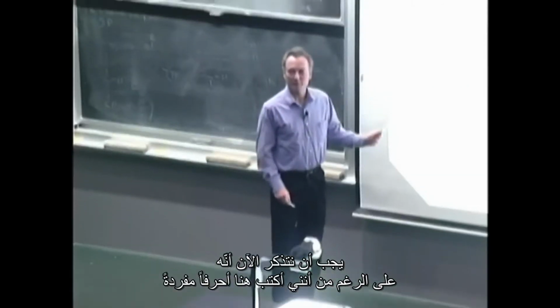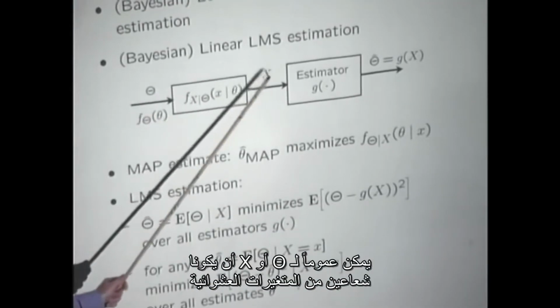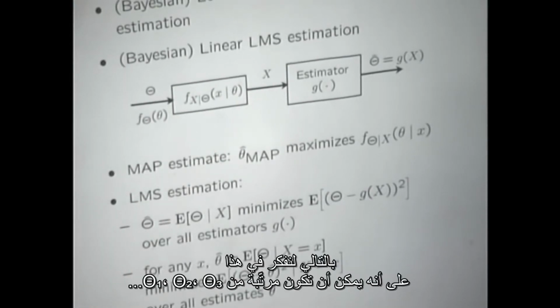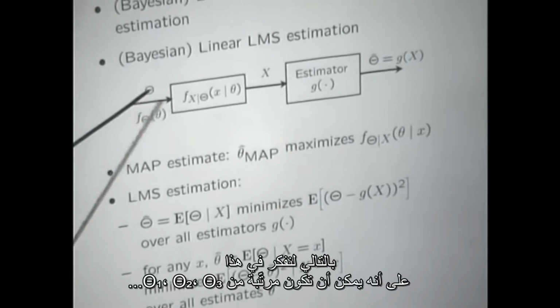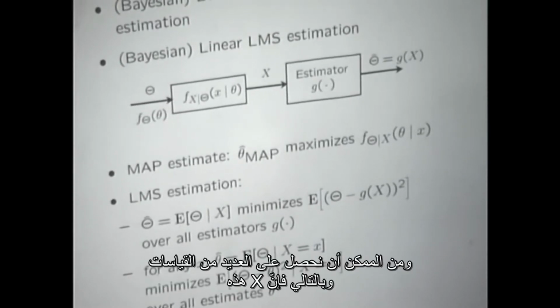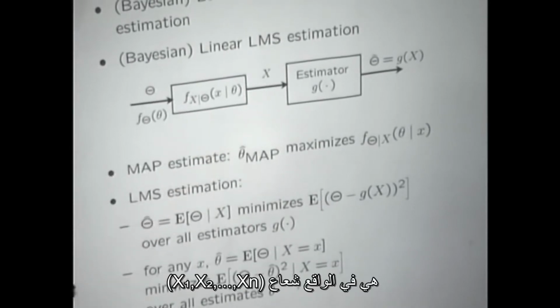Now, one thing to keep in mind is that even though I'm writing single letters here, in general, theta or x could be vector random variables. So think of this, it could be a collection theta 1, theta 2, theta 3. And maybe we obtain several measurements. So this x is really a vector x1, x2, up to xn.